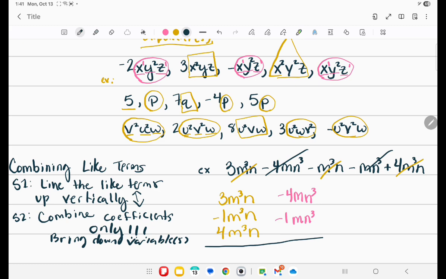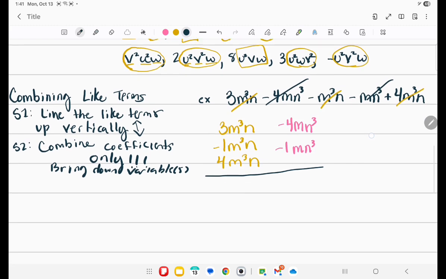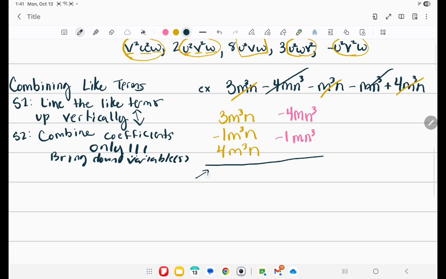Now, when you underline what you've already used, in your calculator, this is your plus sign. That means everything will have a plus in between. So, 3 plus -1 plus 4. How much is that? 6. So remember, combine the coefficients. That's all we did. 3 plus -1 plus 4. We got 6. What you going to do to these variables right here? What did it say? Bring them down.